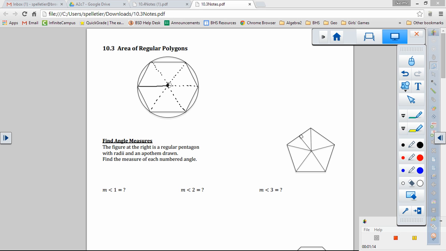So we have our center point, right? Just as it's the center of the circle, it's still the center of the polygon. So you have to imagine that there's a circle around that figure and that you have your center point. This dark line over here, we're going to put an R on this. We're going to call that a radius.